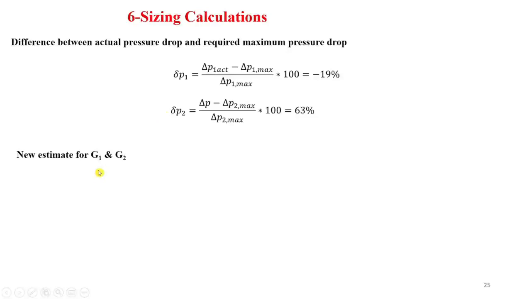In order to calculate a new estimate for G1 and G2, we use the general equation that we know for calculating delta P, but we convert it into G. So we put G on the left hand side and all the parameters on the right hand side. Of course, the density and the hydraulic diameter are known, the maximum pressure is also known, but here we substitute the friction coefficient and the length of the heat exchanger along side 1 with whatever values we found.